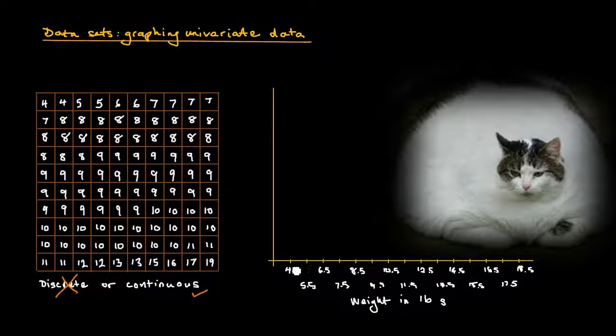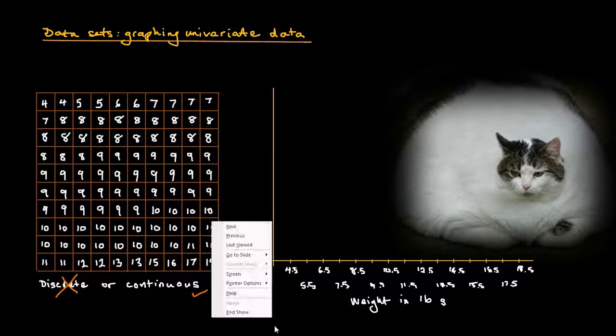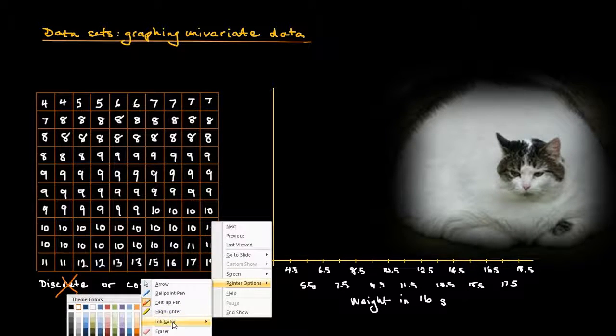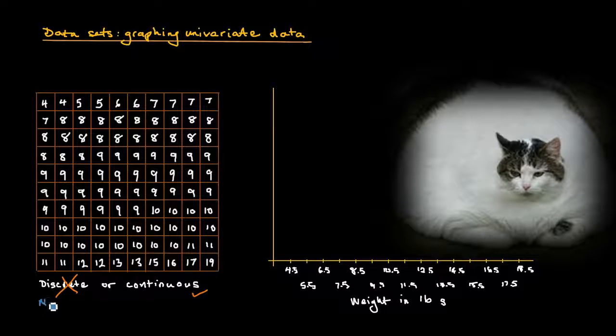And now, for the vertical axis, well, if you look at the most frequent, the modal number, then you'll get what we call the modal category. So let's record that. So what's the mode?